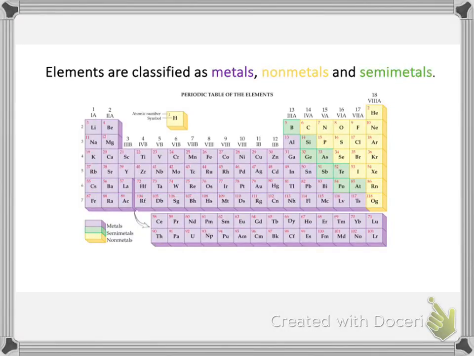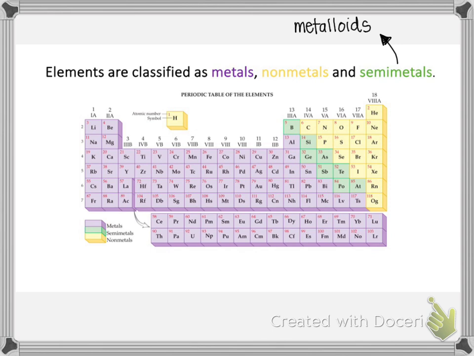As we learn more about elements, our next topic is going to be their classification as a metal, nonmetal, or semimetal. Before we look at the periodic table, I want to make you aware that semimetals are also called metalloids.